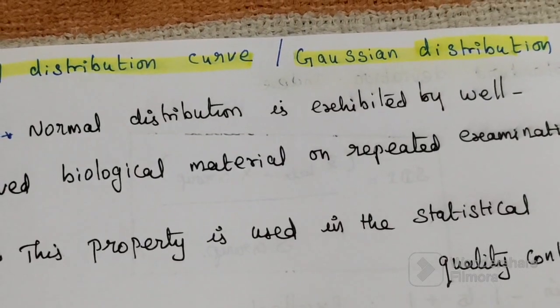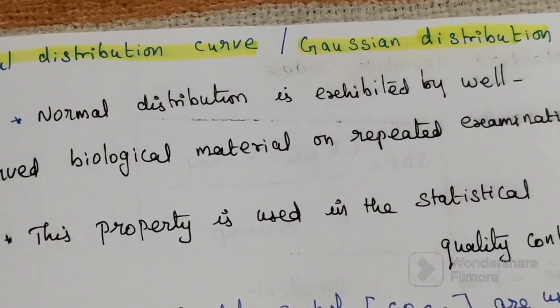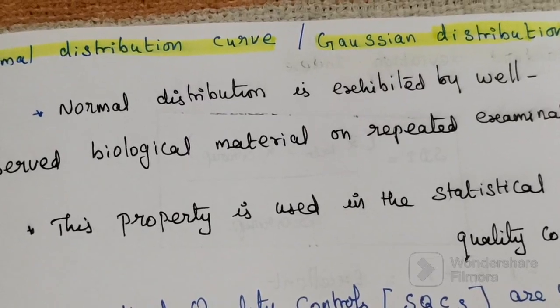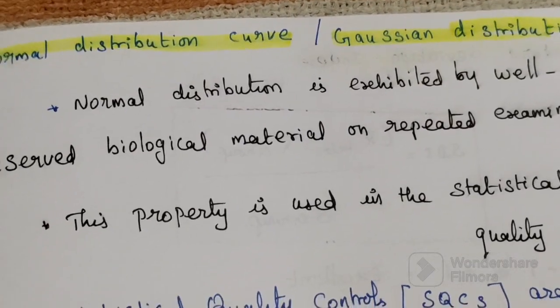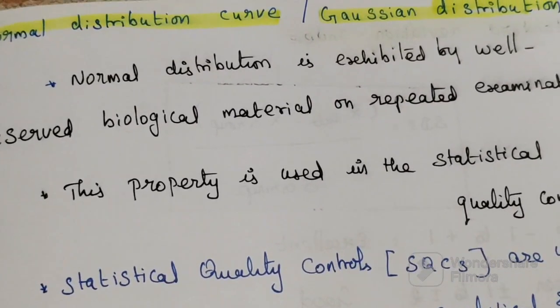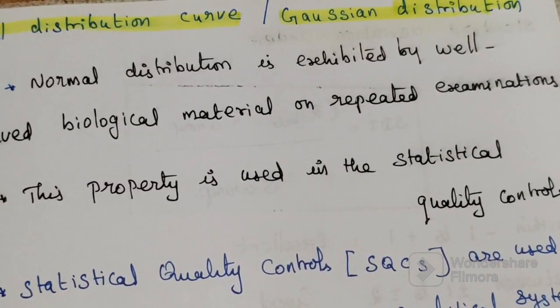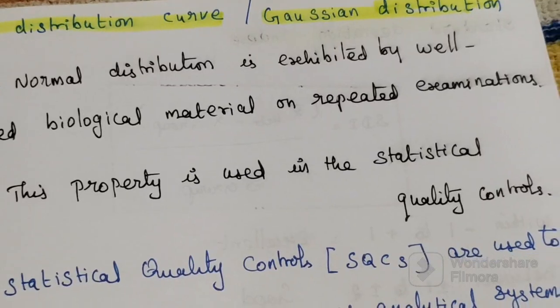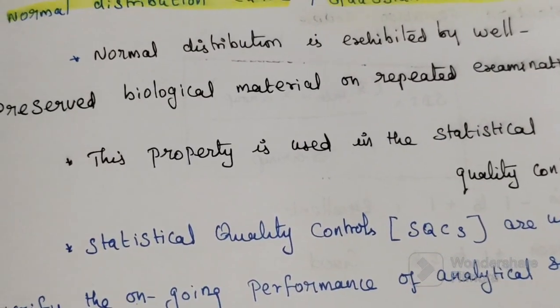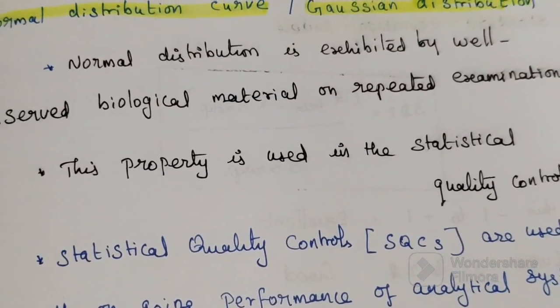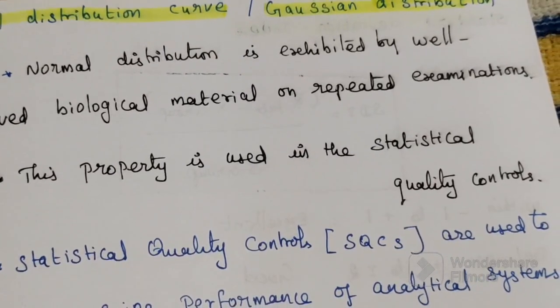What is Gaussian distribution? In the analytical space in a lab, normal distribution is exhibited by well-preserved biological material on repeated examination.